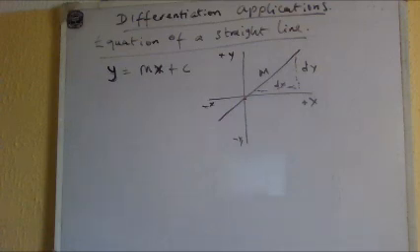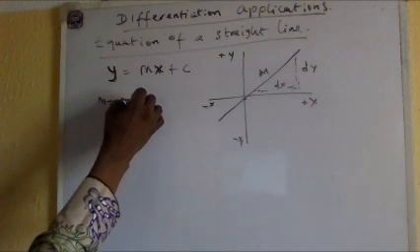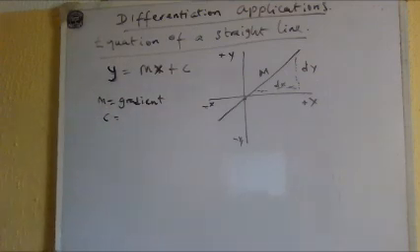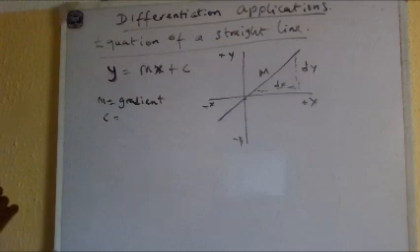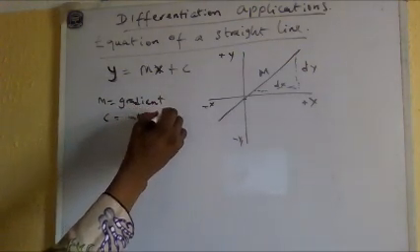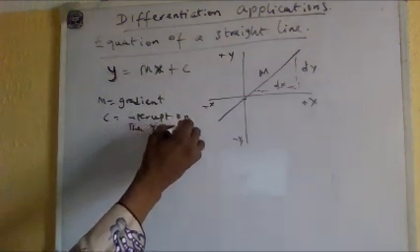Okay, so I say m is equal to the gradient and c is the intercept on the y-axis.